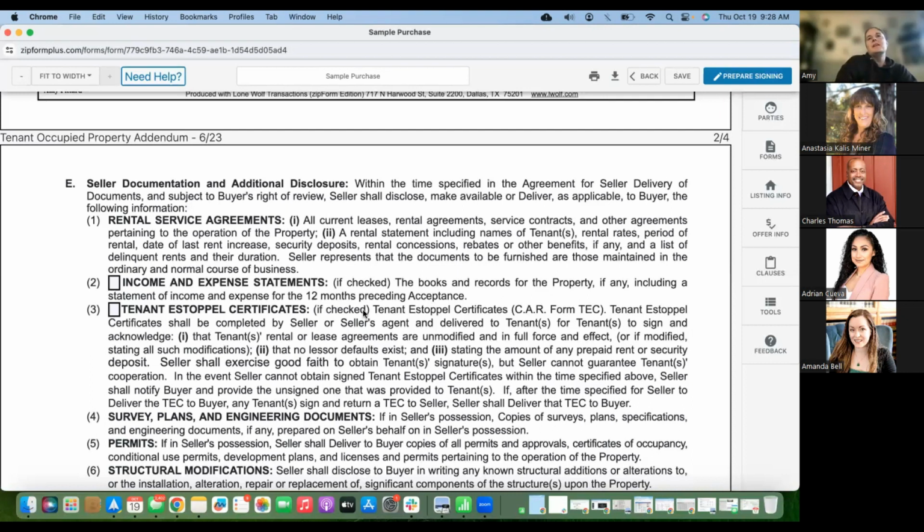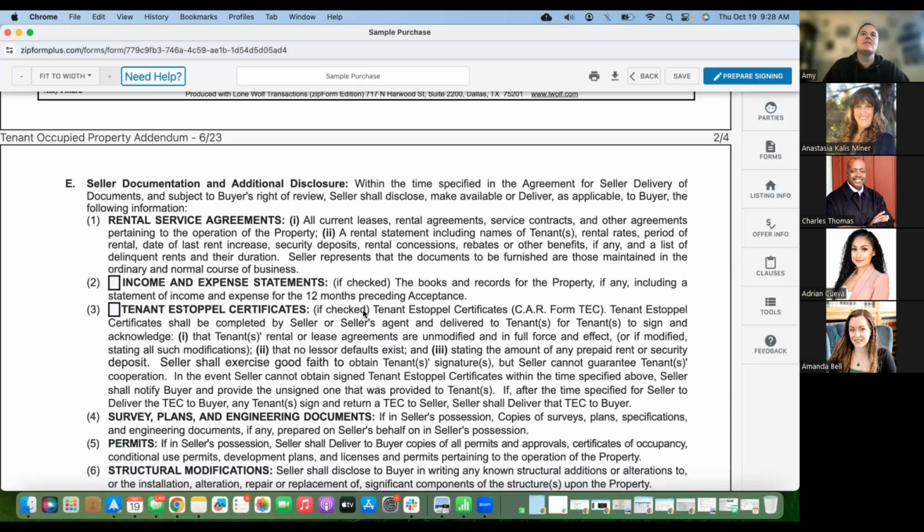So this falls underneath the buyer's review of seller's documents, right? So if we leave that contingency in place, if we didn't know the tenants were delinquent ahead of time, now we know the tenants are delinquent, that would be a material effect affecting the property, and the buyer could cancel based on delinquent rents if they did not want to take that on, and the tenant could not be evicted from the property.